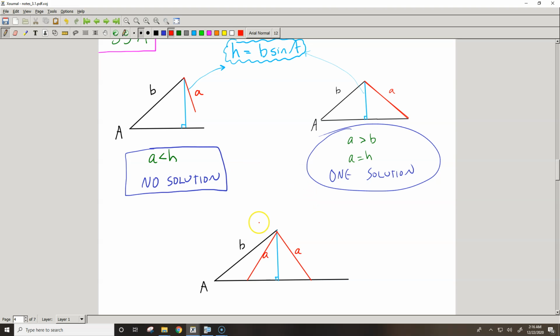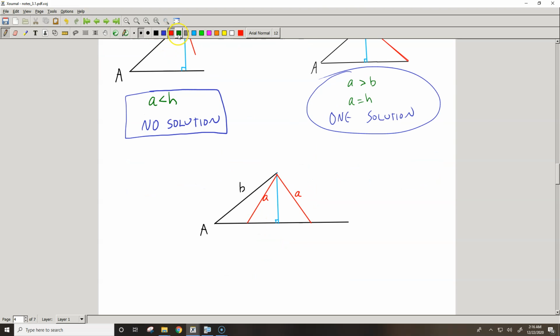And so this is a case where, let's write this out, if A is greater than H and A is less than B, then there's always going to be two solutions. So there's my two cases.